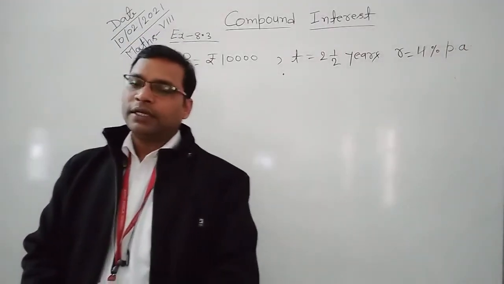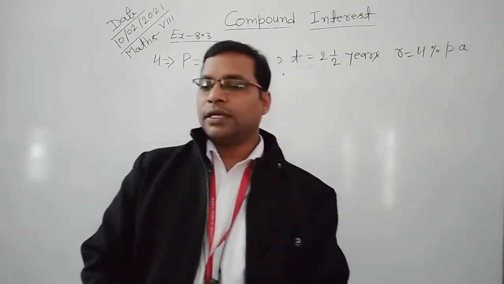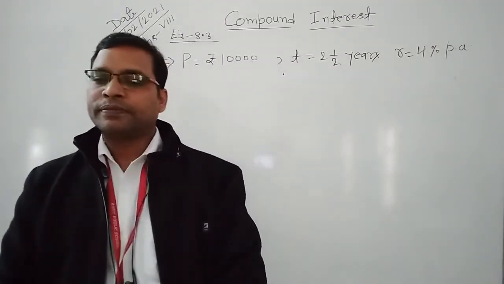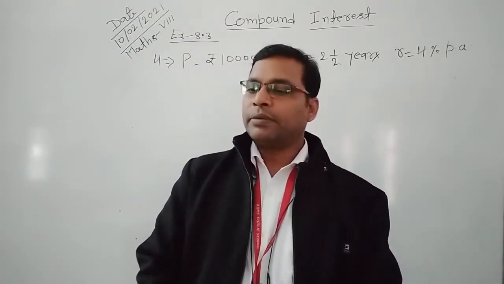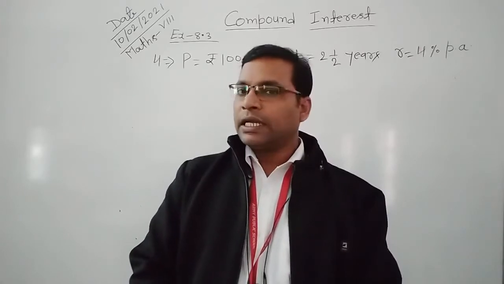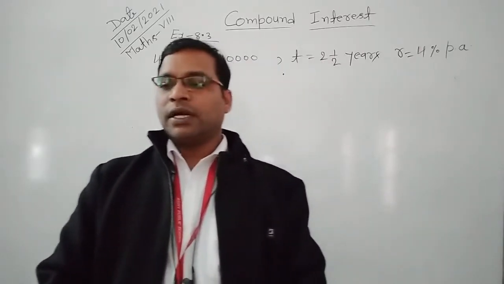First we find the amount for 2 years. After this we find the interest for the next half year. After this we add the amount and the interest for half a year, then we get the total amount for 2.5 years.